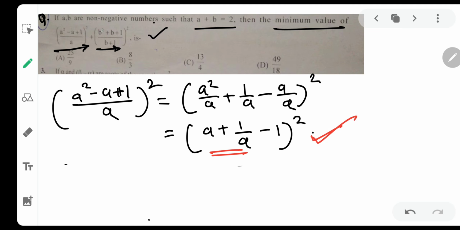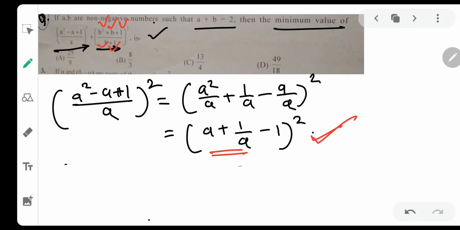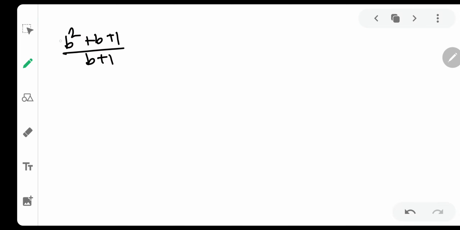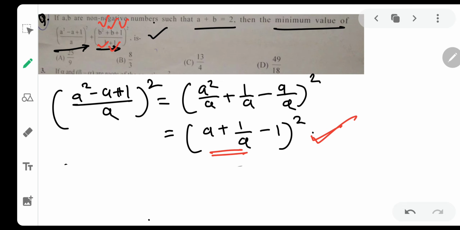The next task is (B square plus B plus 1) upon (B plus 1), the whole square, is what they have said. Now there are two variables, one is A and one is B. If two variables are involved, it will be very difficult for us to minimize or maximize a particular question, so we will reduce one variable.